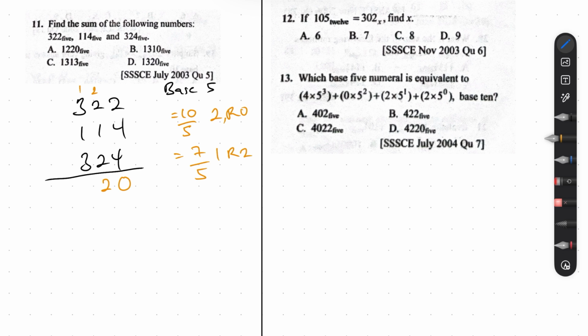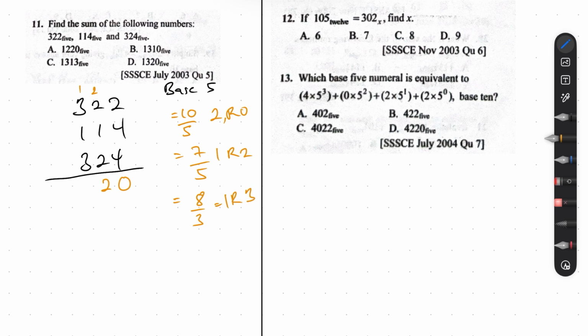Okay, cool. Then we have 1 plus 3 gives us 4, plus 1, 5, plus 3, 8. So we have 8. 8 over 5 will give us 1, remainder 3.